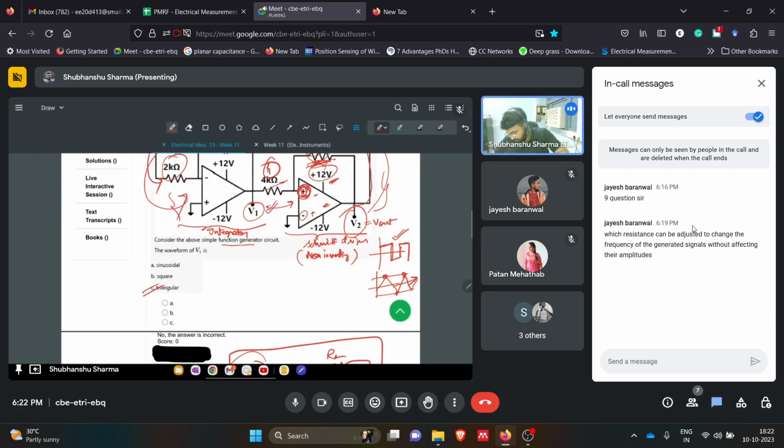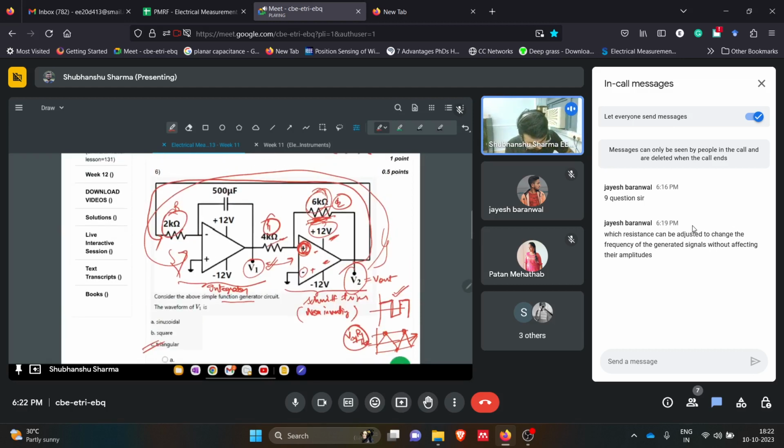Okay, so this peak is given by Vsupply times R1 by R2. So then don't change R1 and R2.